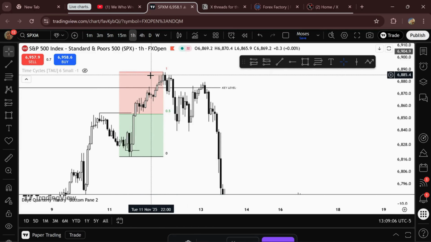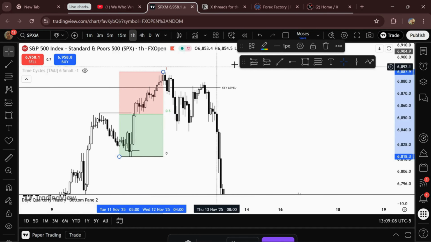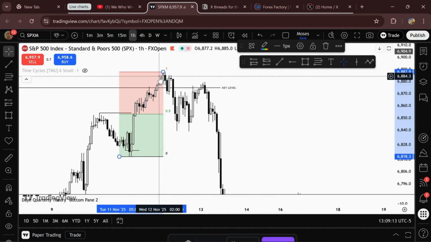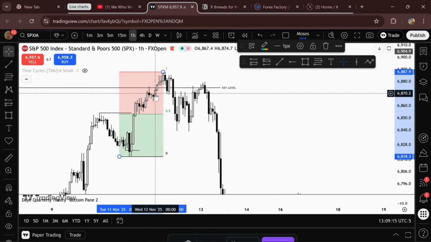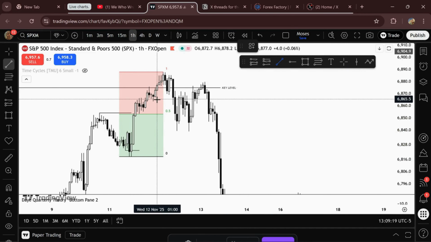We are premium, right? Now we want to investigate what was the daily open of Wednesday, 12th of November. So we have the daily open at here. Remember, focus on these values here. So the day opened at 6867.4.